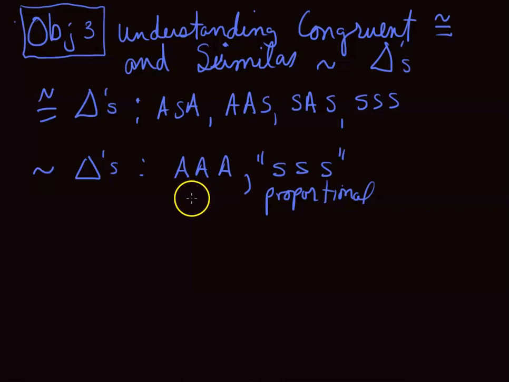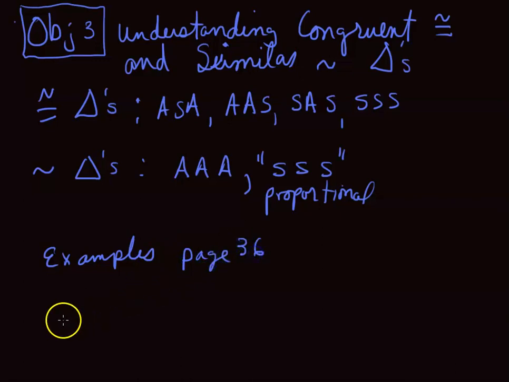So, instead of giving examples for those, let's go to some examples for everything in this. These examples are from the problems on page 36. This one in particular is number 16.